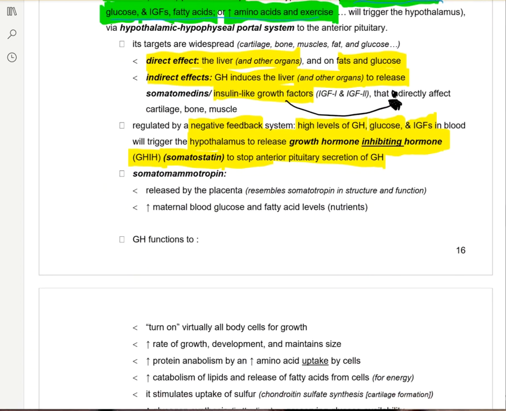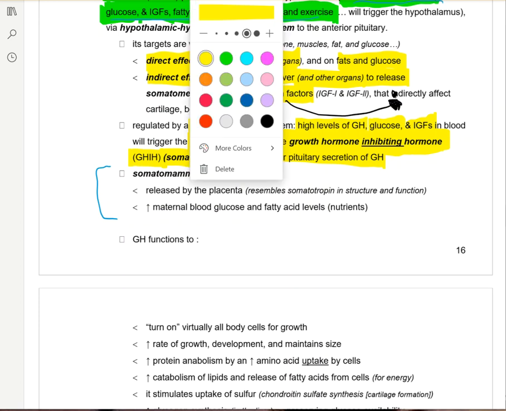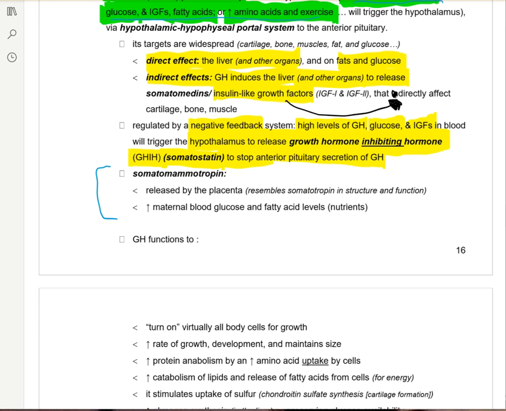Now, one little note, there is a similar mechanism that we see in the placenta. The placenta releases this thing called somatomammotropin. It resembles somatotropin, and remember, somatotropin is growth hormone.